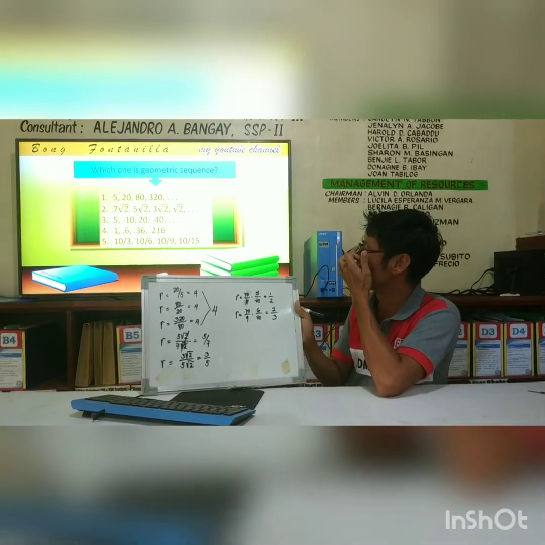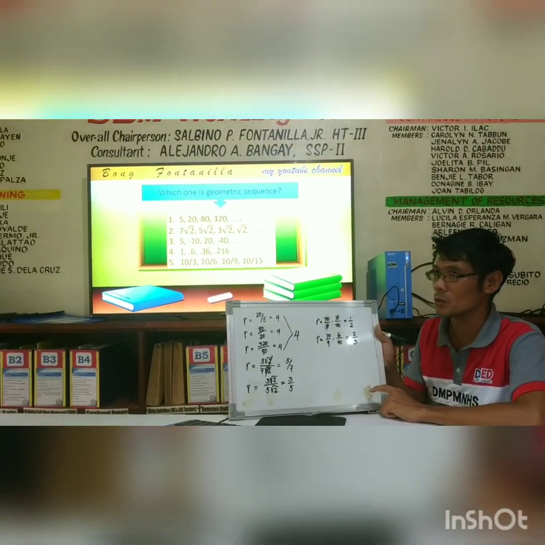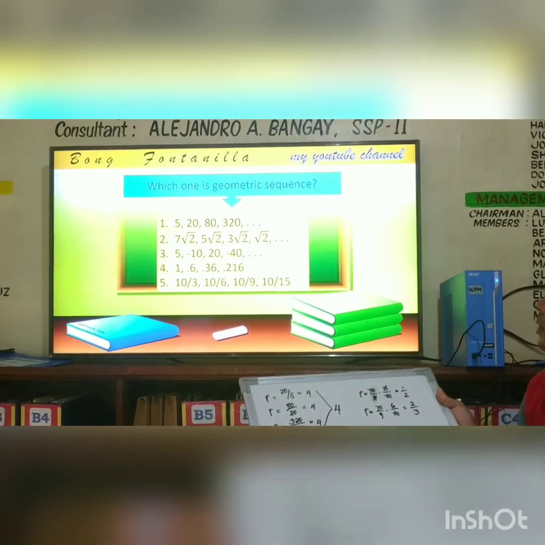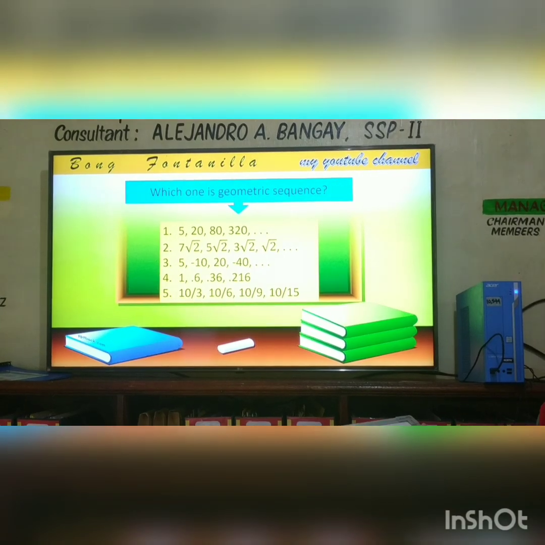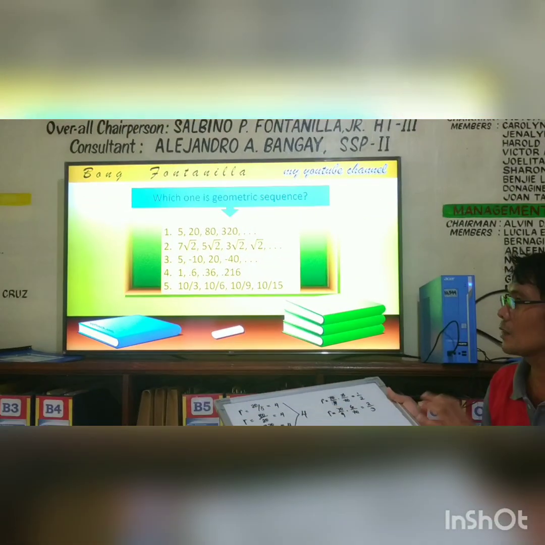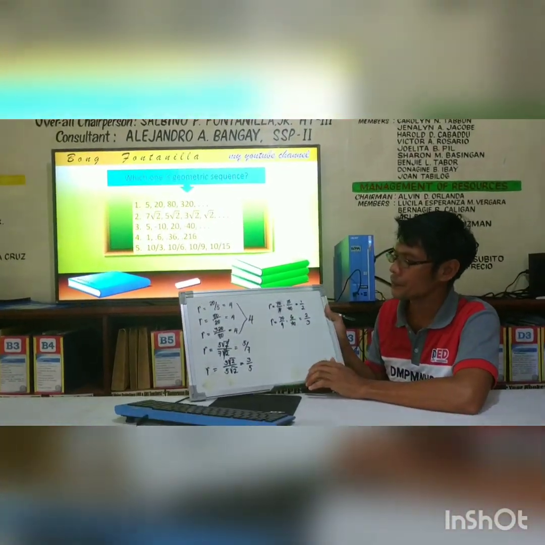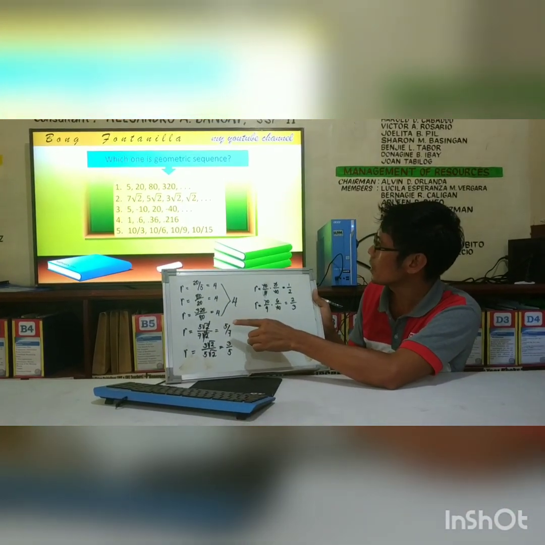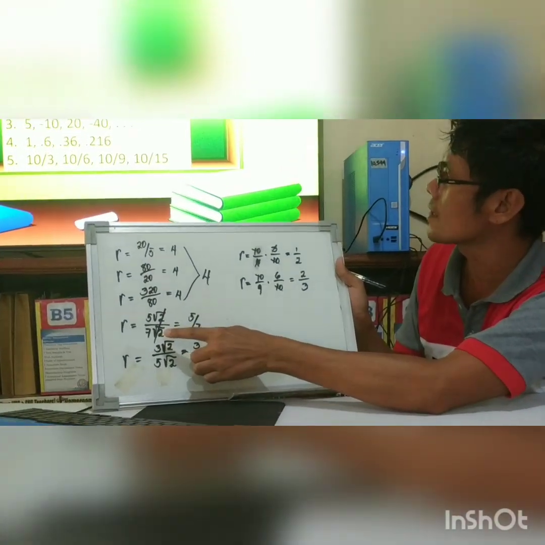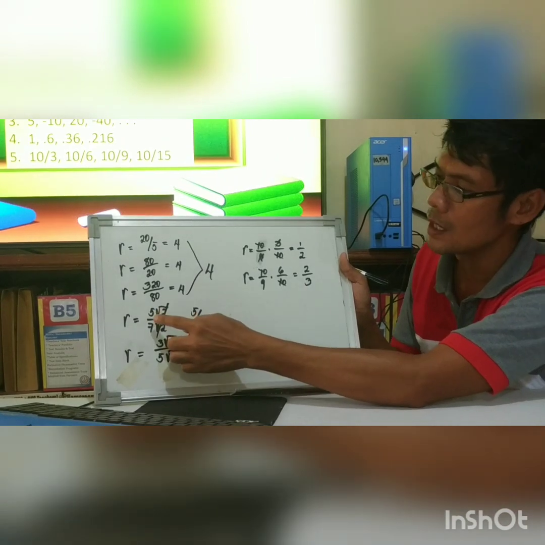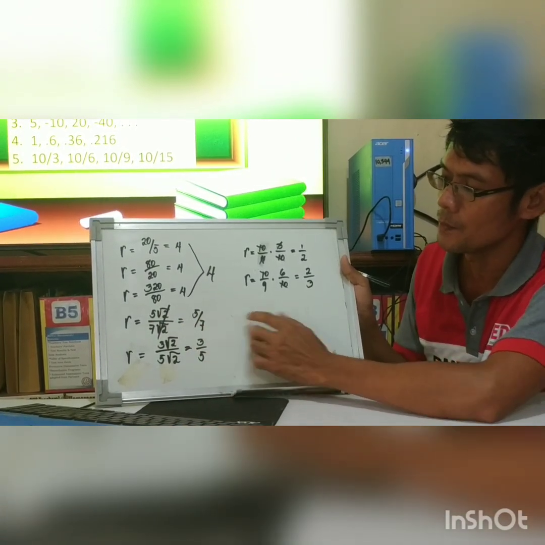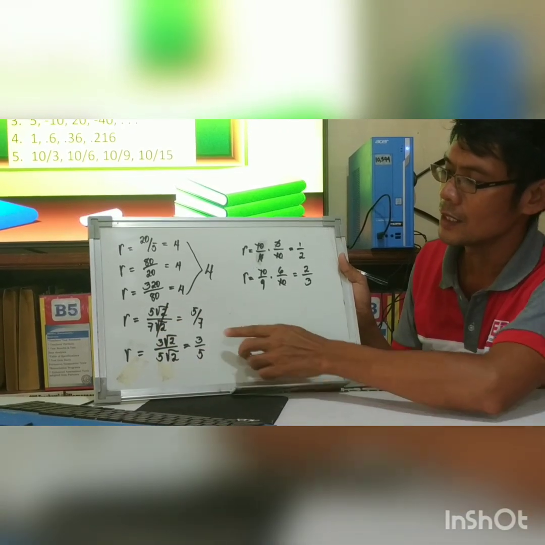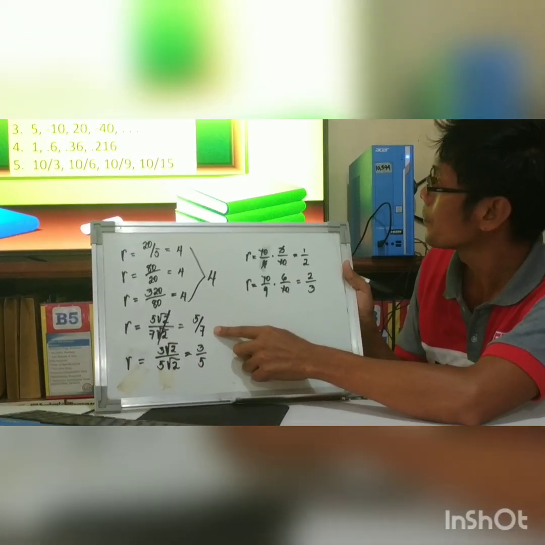Now, for number 2, you're given 7 square root of 2, 5 square root of 2, 3 square root of 2, then we have also square root of 2. Okay, let us try to get two ratios there. Say, between 5 square root of 2 and 7 square root of 2. So we have 5 square root of 2 divided by 7 square root of 2. Let us cancel that. So we get 5 over 7.